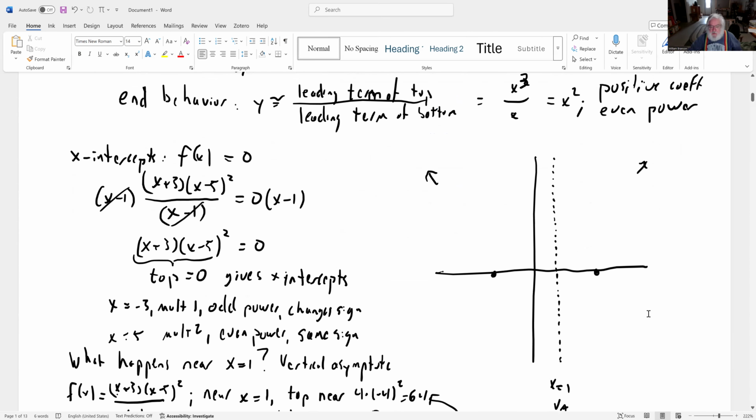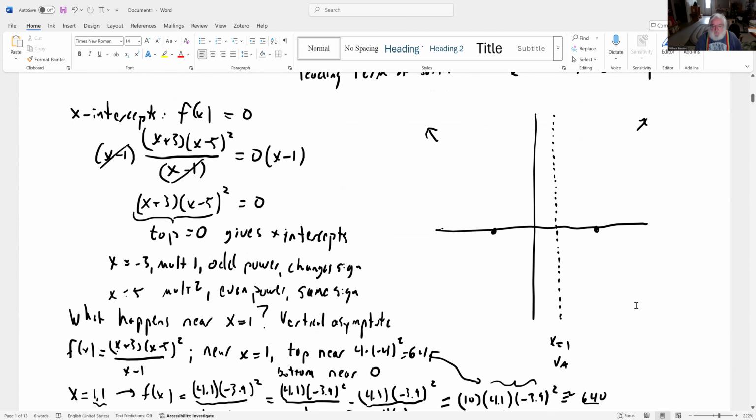So what do we do here? When we're looking at this, we have to start up here with our end behavior. We have an x-intercept here, a vertical asymptote here, and another x-intercept here. So we can't cross the x-axis except at this point, and at that point, we can't touch this thing. So how do we deal with this?